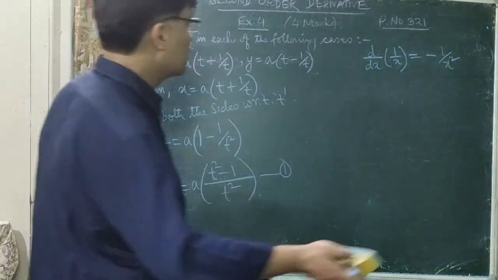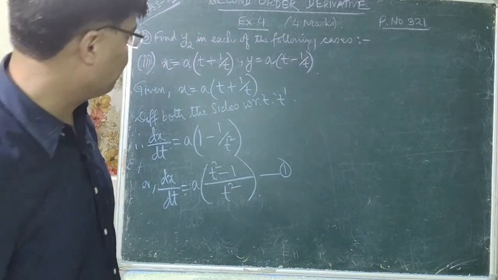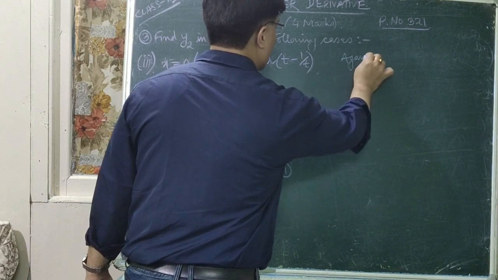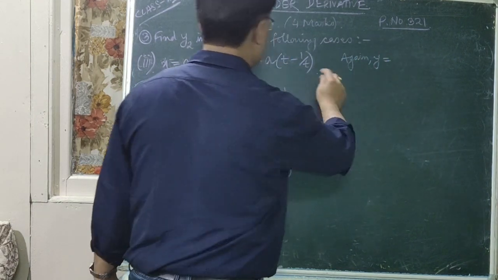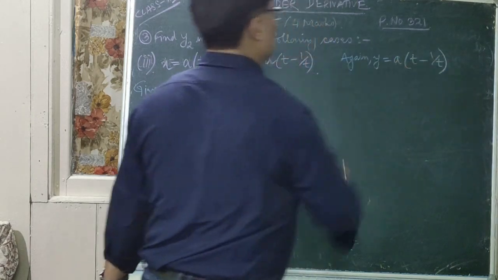Understood now? So now similarly you can differentiate y with respect to t. So again y is equal to a into t minus 1 upon t.